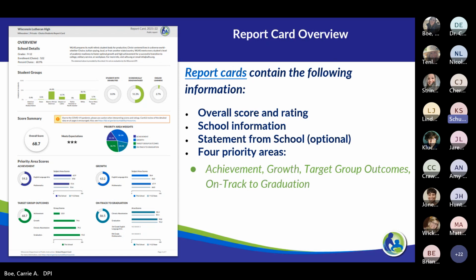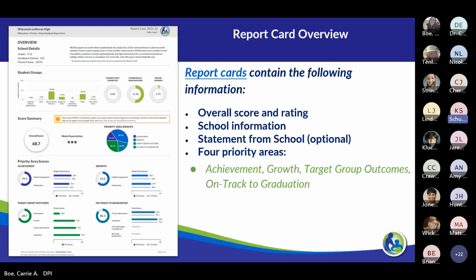And this score is calculated by combining the weighted average of the priority area scores. So you'll see the 4 priority areas in green below. You're going to see the weighted average of the priority area scores combined to calculate the overall score. And then that overall score is going to place a school in one of 5 rating categories. So you'll see that information, the overall score and rating.